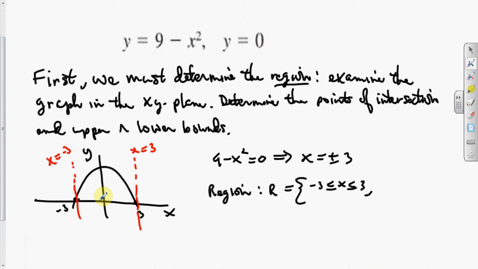And then this region R is bounded below and above by a lower function, which is y equal to 0, and an upper function, y equal to 9 minus x squared. So here y is bounded below by y equal to 0, that's the x-axis, less than or equal to y, less than or equal to that top function, 9 minus x squared.